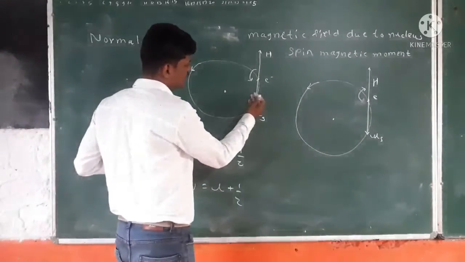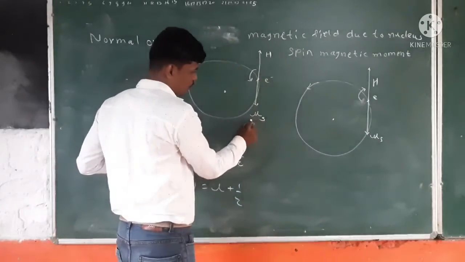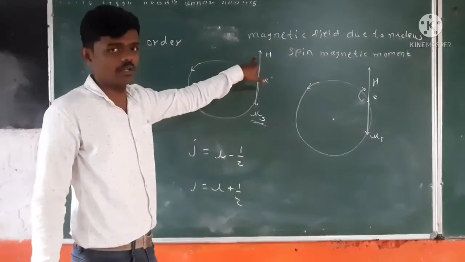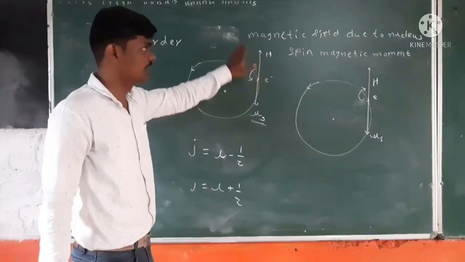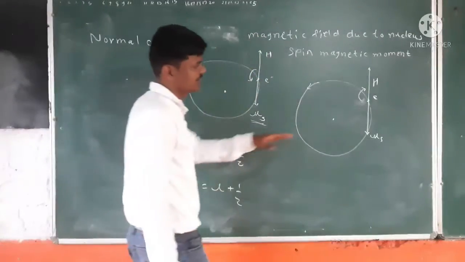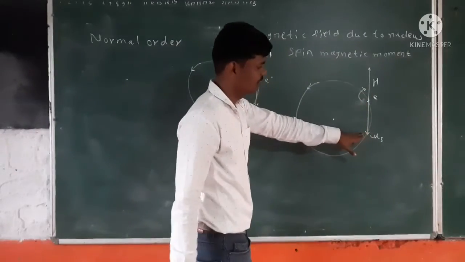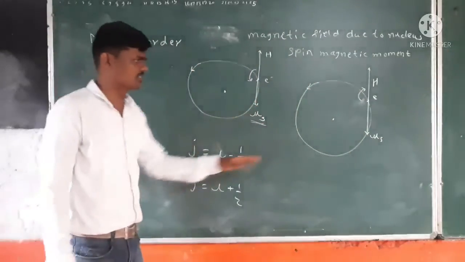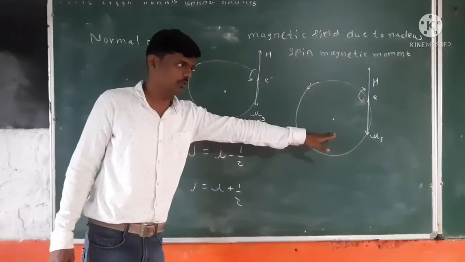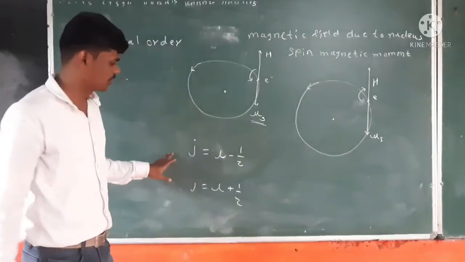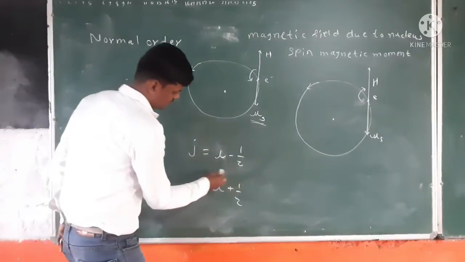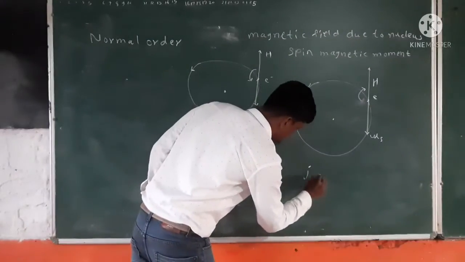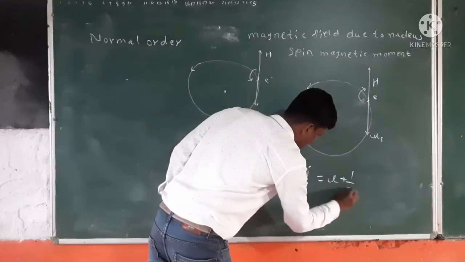So in this case the mu S, that is the spin magnetic moment, is parallel to the H value, that is the magnetic field due to the nucleus, and in this case it is anti-parallel to the H. This is the spin magnetic moment due to the spin of the electron. Now this value is for J equal to L minus half and this one is L plus half.